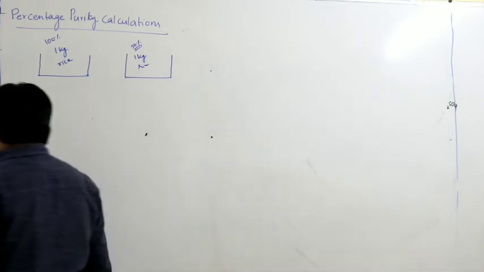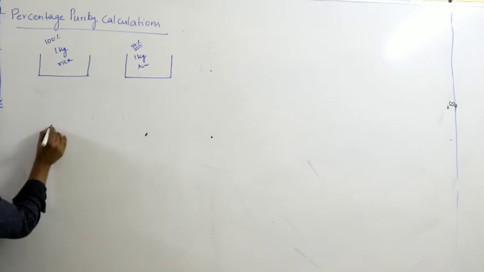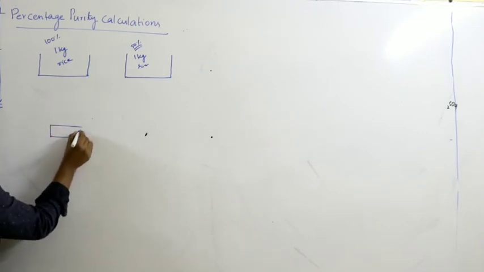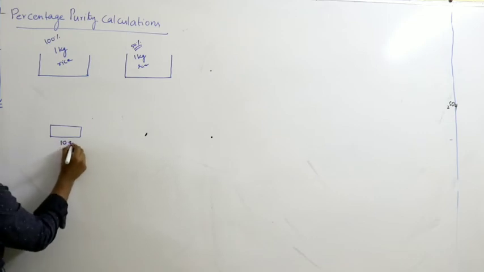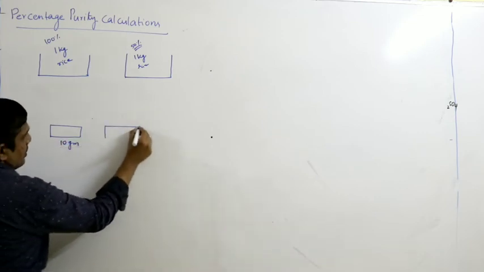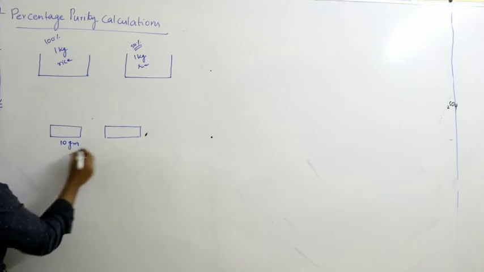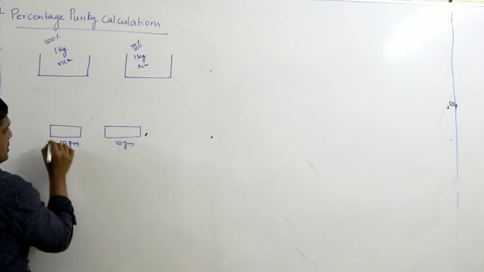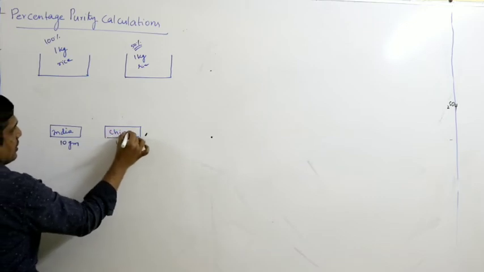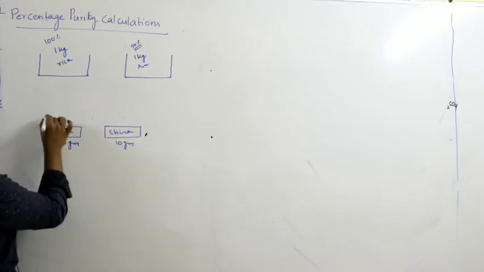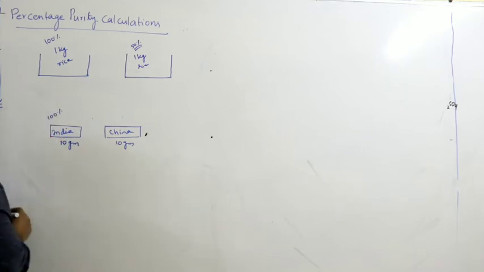Or let us assume another one. Say you brought 2 chocolates, 10 grams, and this is also 10 grams. Say this is made in India, and this is in China. This is 100% pure.